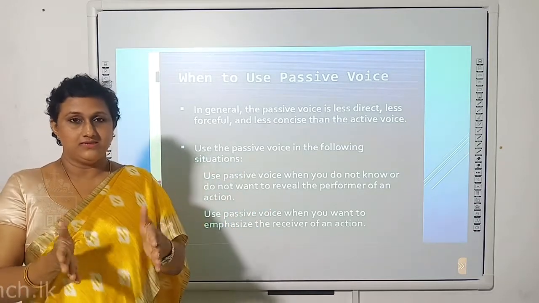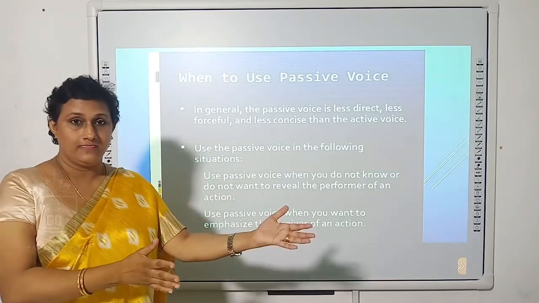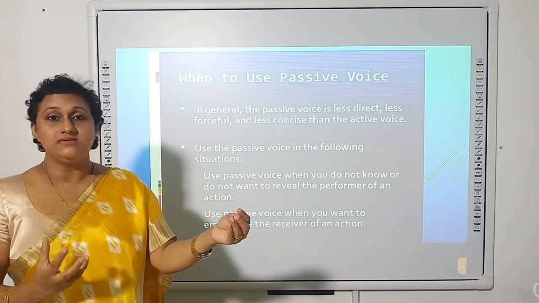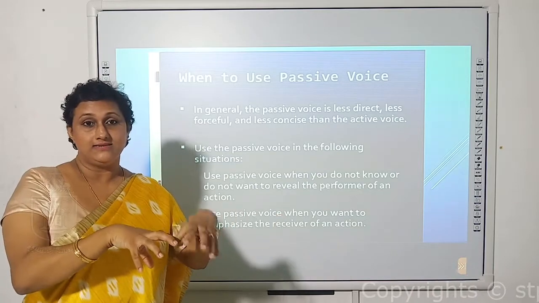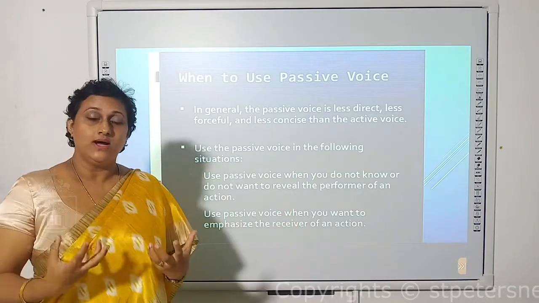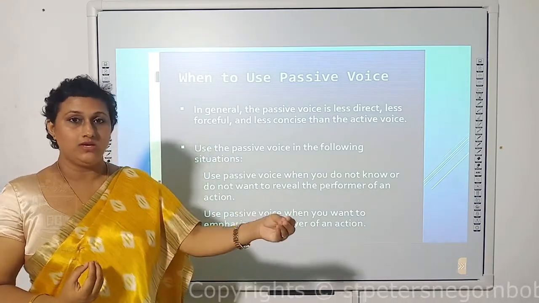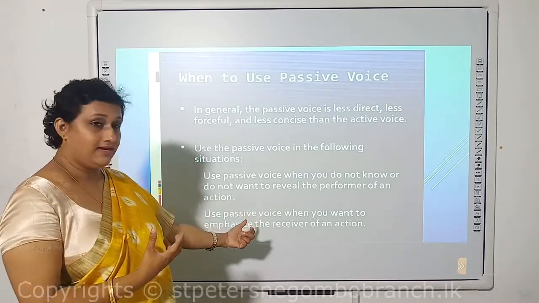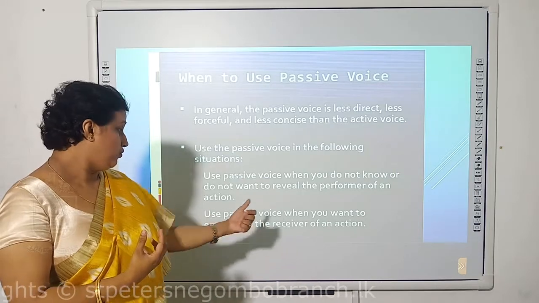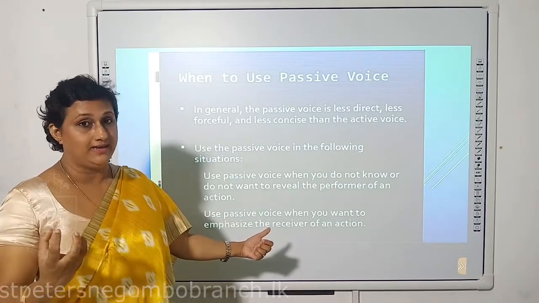Now if the sentence is "the child broke the window," but there I don't want to highlight the child. I don't want to reveal that this particular child has done this act. But what I want to highlight is the breaking of the window. I want to highlight the receiver. In the second one I have given the passive voice when you want to emphasize the receiver of the activity.